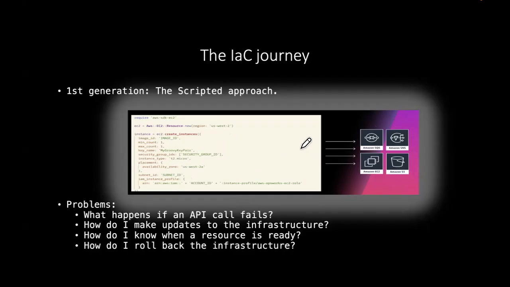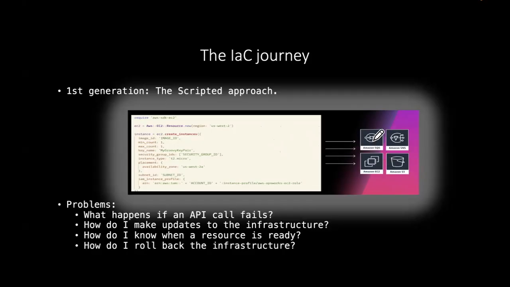But there were lots of problems with that approach. For example, if halfway through the script there was an error, then some of the infrastructure that was created at the beginning of the script exists, but the infrastructure after the error has not been created. So we now need to manually go back and undo the infrastructure that was created by the beginning of the script, correct our script, and run it again.